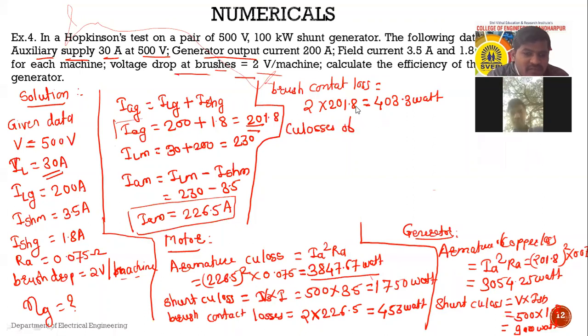Okay, now the copper losses of the set, that means one machine, motor आणि generator चे दोन्हीचे पण copper losses. Add all the losses, त्याच्यावरून आपल्याला सेटचे लॉसेस मिळतील.